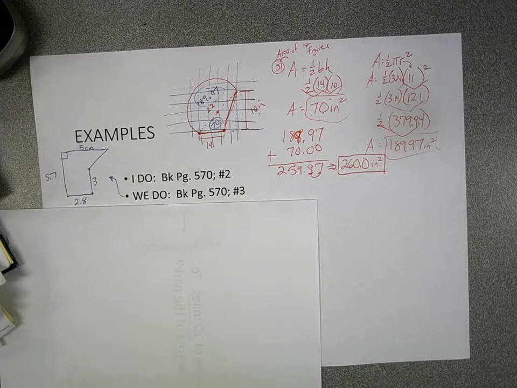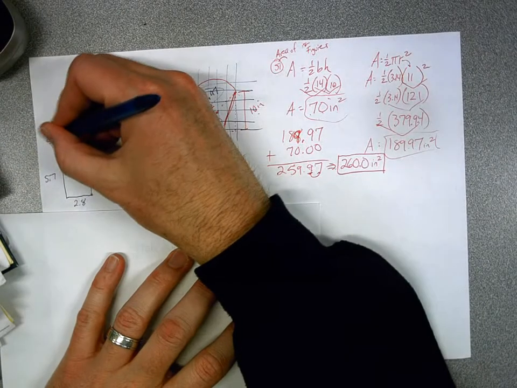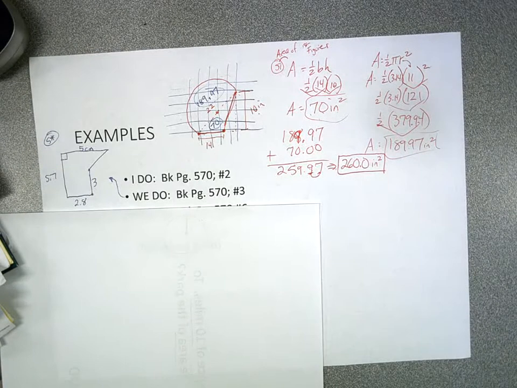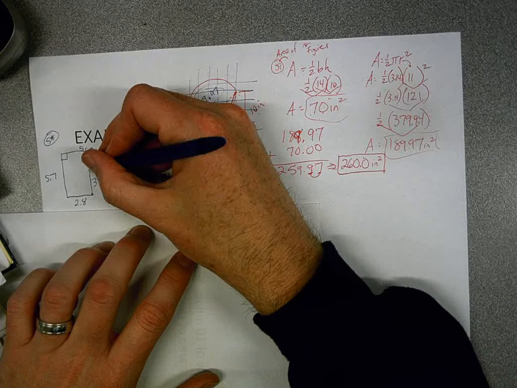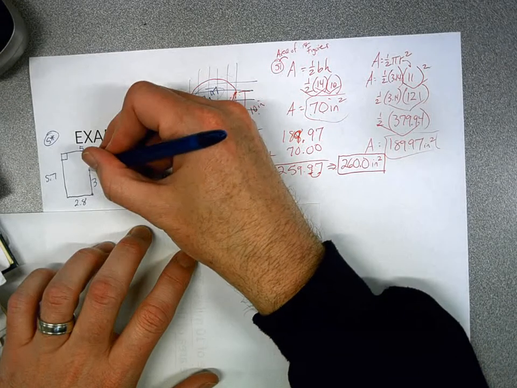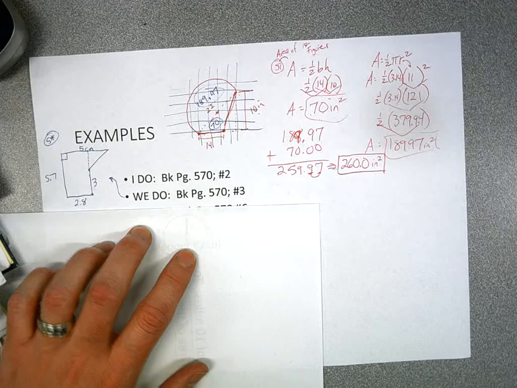Now, there's an issue with this, and we can call this step star. If there are no clear-cut composite figures, make them. So here's what I'm going to do. I'm going to take this line right here, and I'm going to make it continue all the way to that line, perpendicular to that line there.